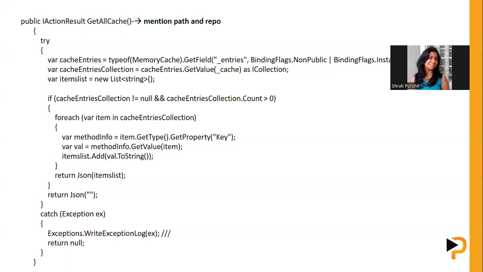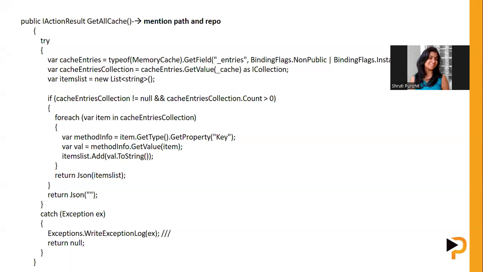We have written the if block, then we are writing and converting it into JSON. If it is not cached, then we access it and return it. And the whole code is written in a try and catch. Now we have declared three variables in it: cache entries, collections, and atom list, and all those things.